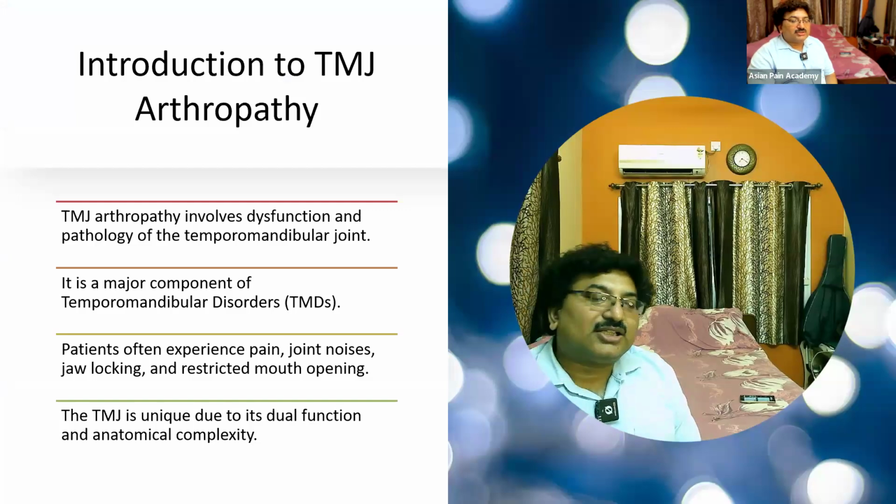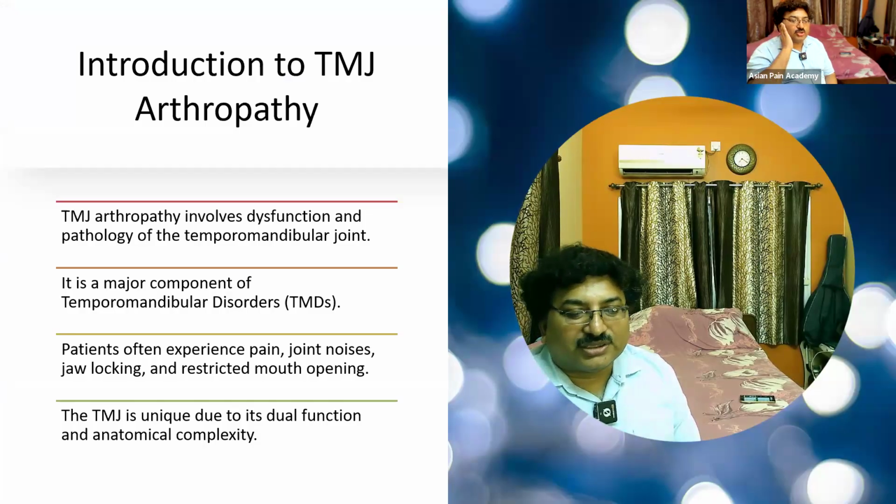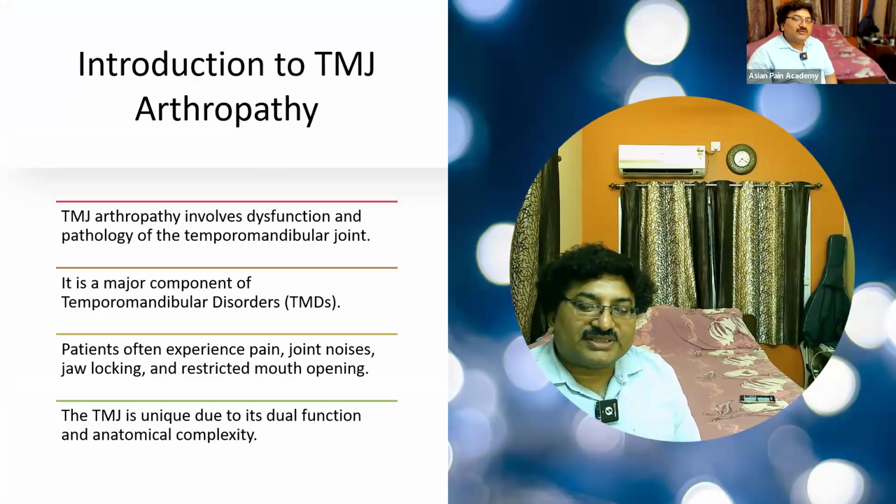TMJ arthropathy mainly involves dysfunction of the temporomandibular joint and sometimes pathology of it as well. One of the major common causes of temporomandibular joint disorder is jaw pain. But one thing you should be very careful about is differentiating it from trigeminal neuralgia. A few points are very effective.